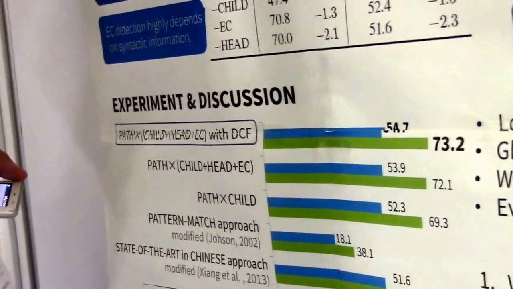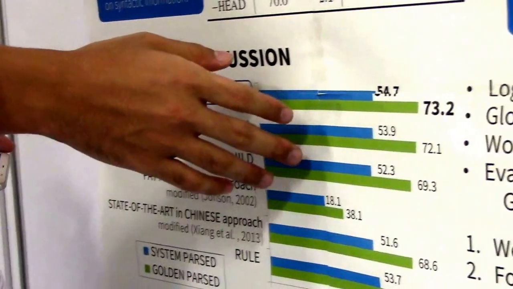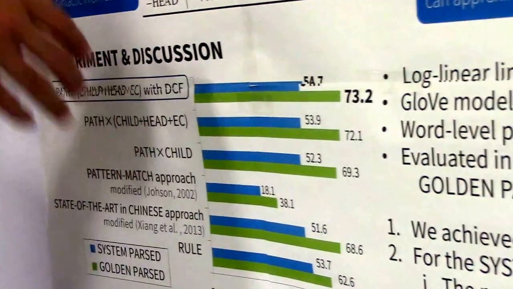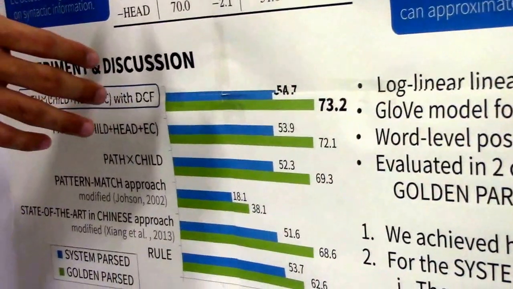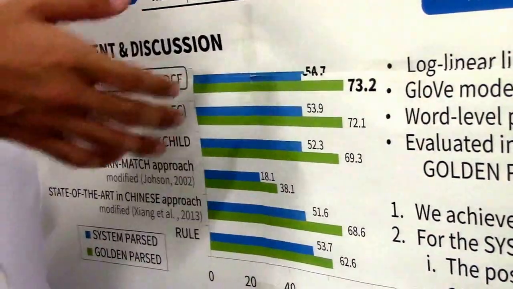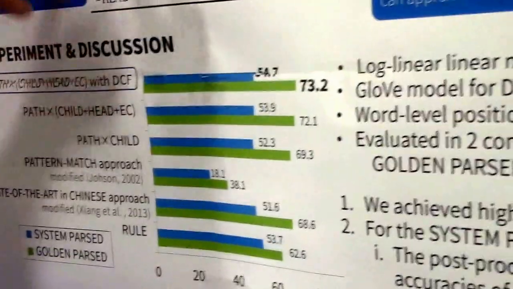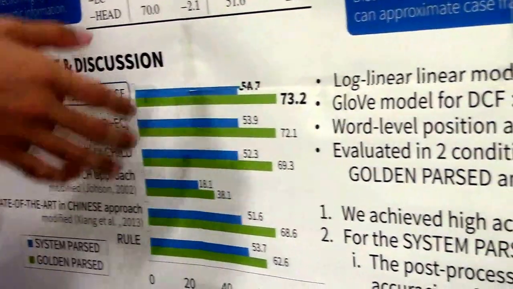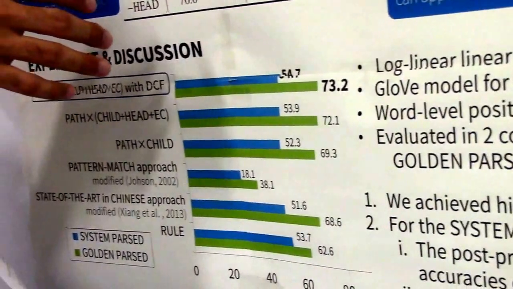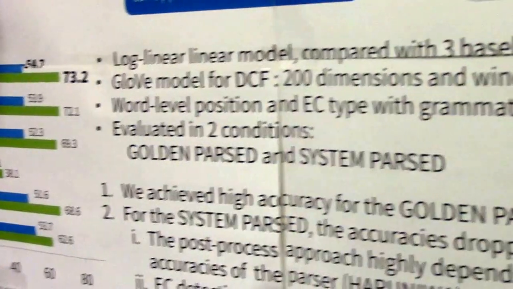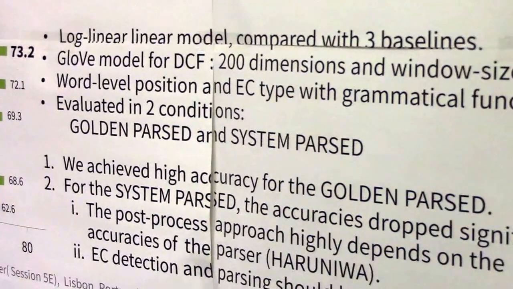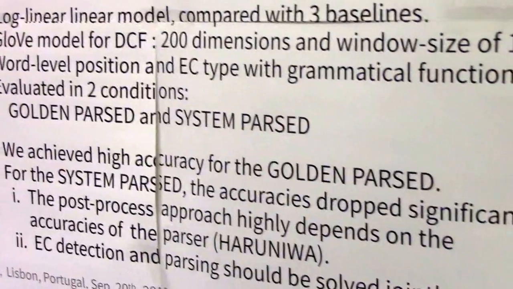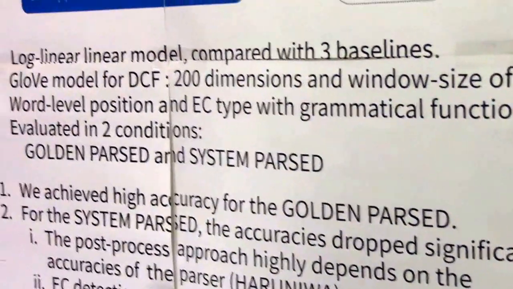This indicates the post-process approach highly depends on the accuracy of the parser. As a conclusion, we should develop a method to solve this problem. Empty category detection and parsing should be solved jointly. So thank you for listening. That's all.